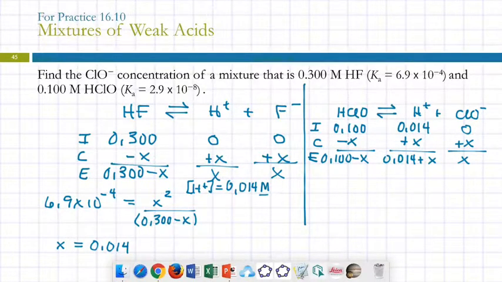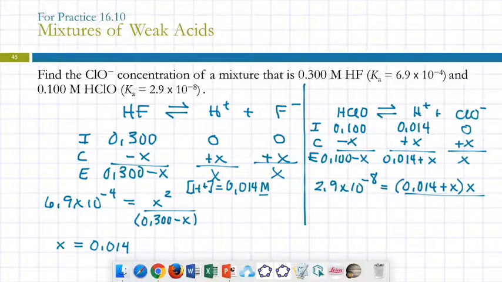So I'm going to find out what this x is using the Ka for that acid. 2.9 times 10 to the minus 8 is going to equal 0.014 plus x times x divided by 0.100 minus x.